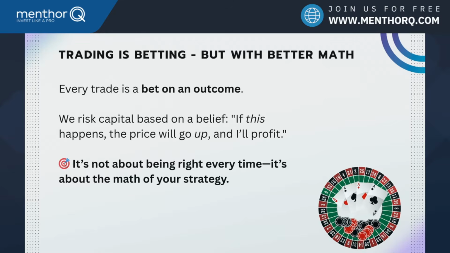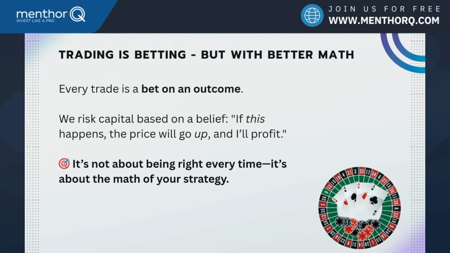Trading is really like betting, but it's betting with better math. So let's reframe trading for a moment. It's not guessing, but strategic betting. At its core, that's what it really is. Every trade is a bet on an outcome. We risk capital based on the belief that if price goes up, I will profit.